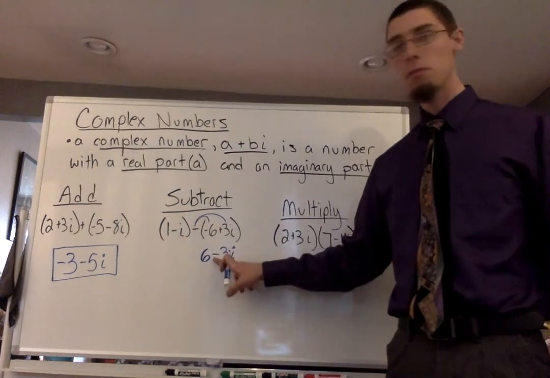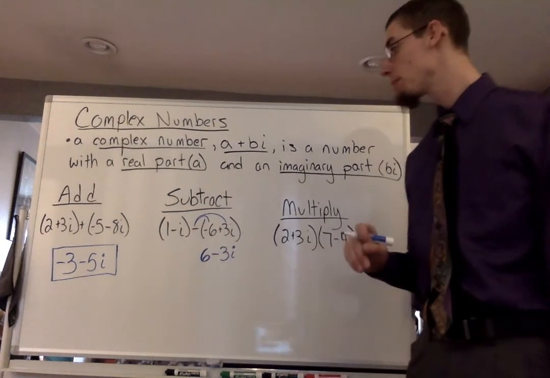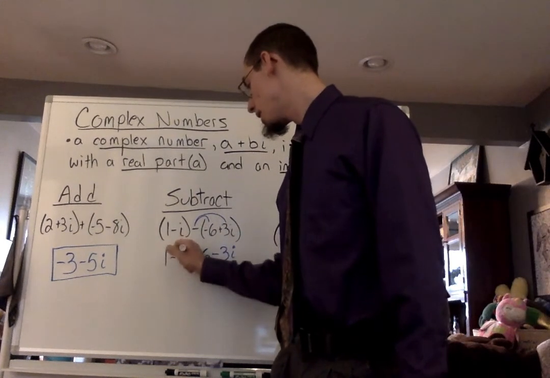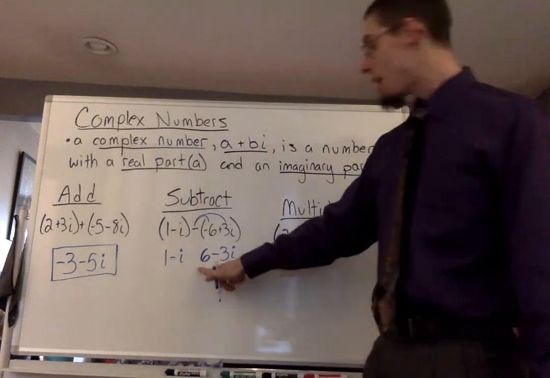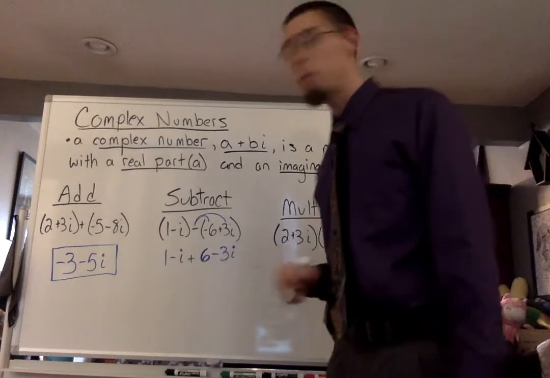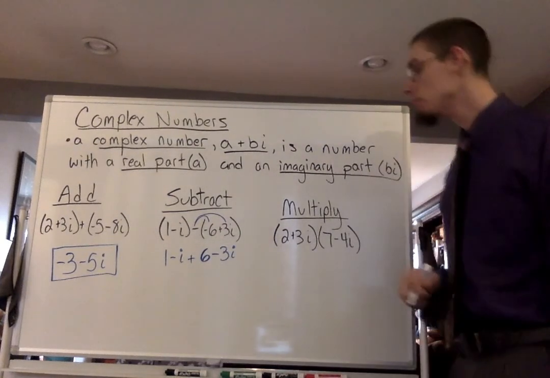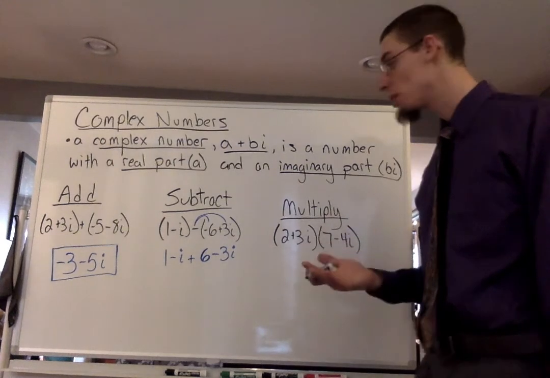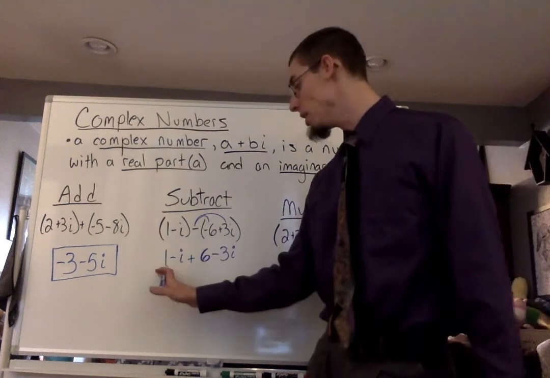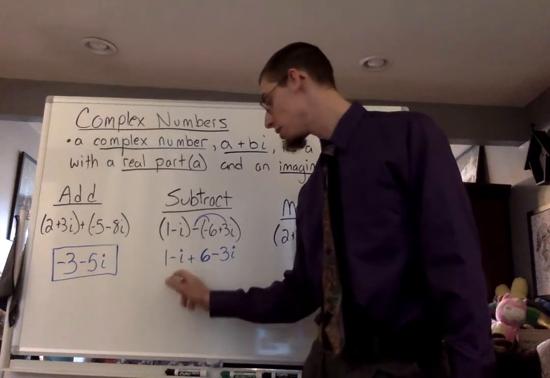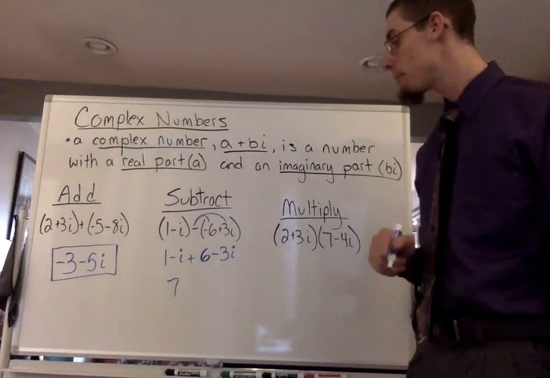Minus 3, minus 3. Now, this 1 minus I can just bring that down. Now that's a positive 6, right? I should put plus there. Now I can combine like terms. The 1 will combine with the 6, so that's 1 plus 6. You get 7.